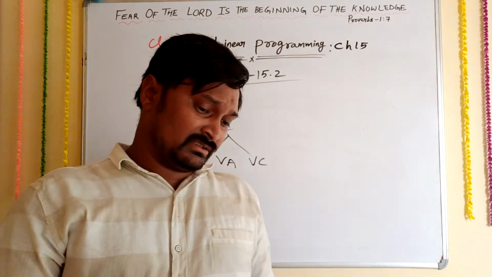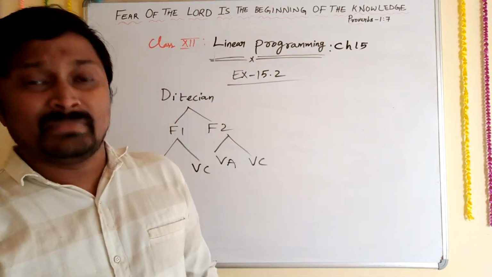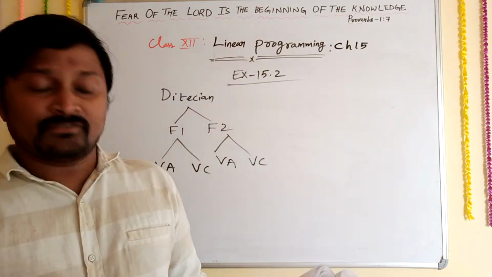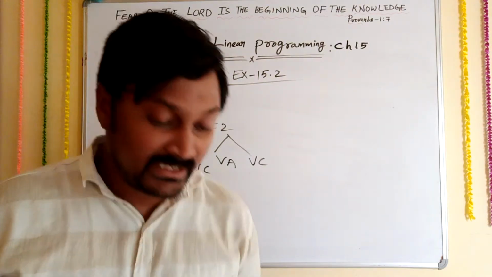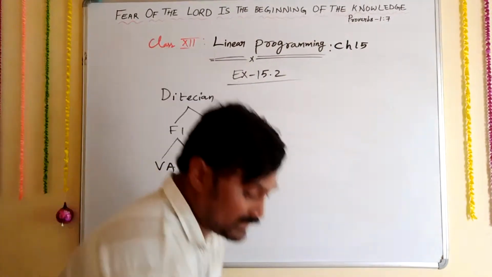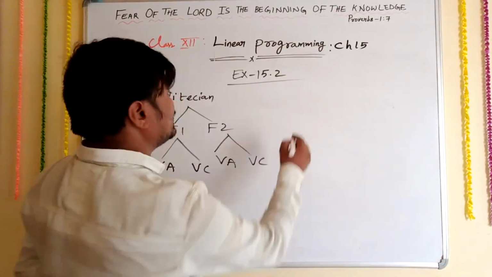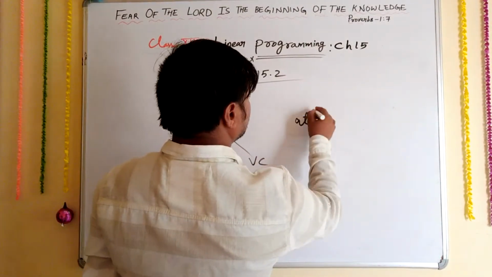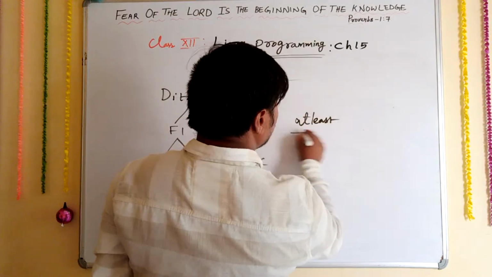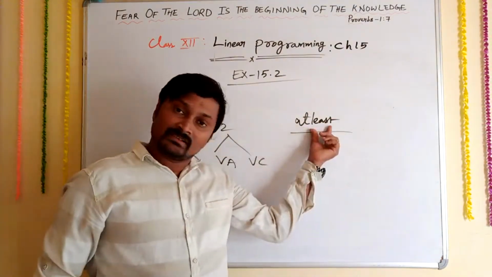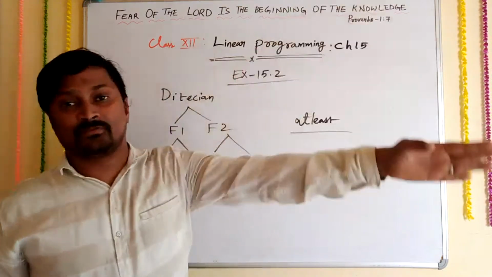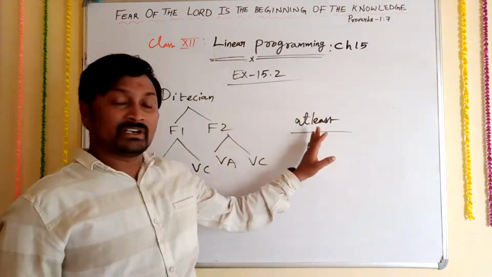In this question, in this mixture, he has to use 8 units of vitamin A, and at least, this you have to remember, what is meant by at least. At least is nothing but equal to that or more than that.